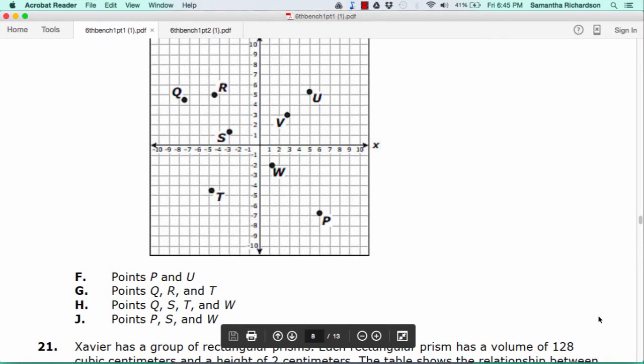F. Points P and U. G. Points Q, R, and T. H. Points Q, S, T, and W. J. Points P, S, and W.